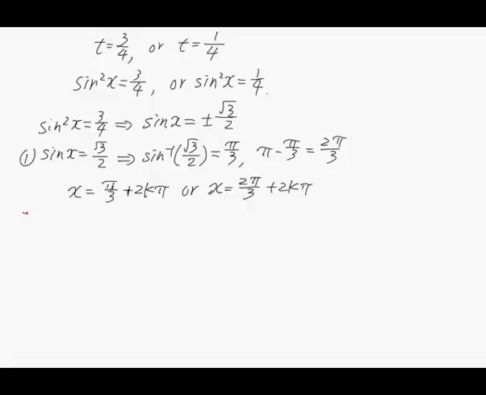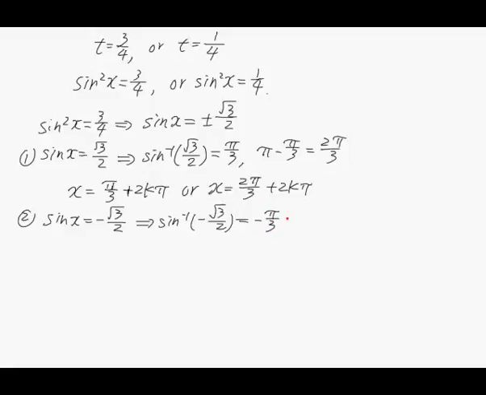Now let's deal with sine x equal to negative root 3 over 2. In this case, we first find the inverse sine of negative root 3 over 2. We have solved this before, right? So we know this is equal to negative pi over 3. Okay?